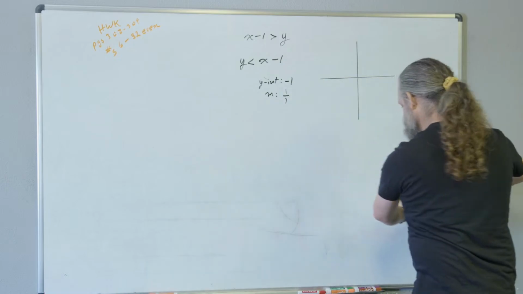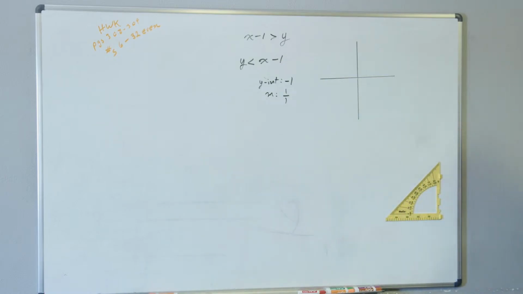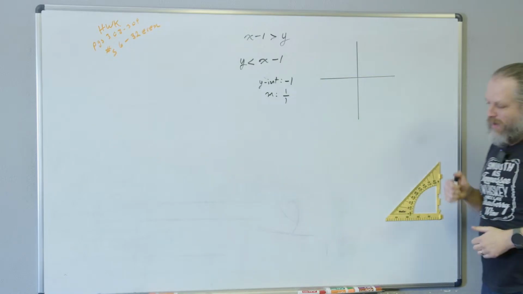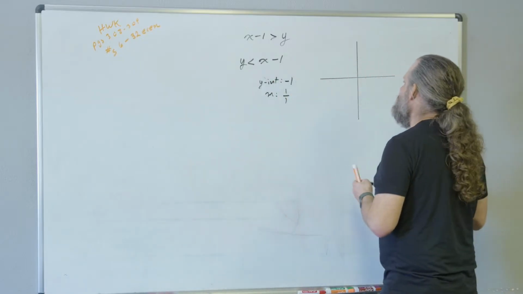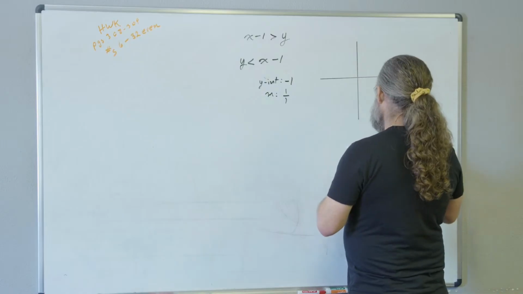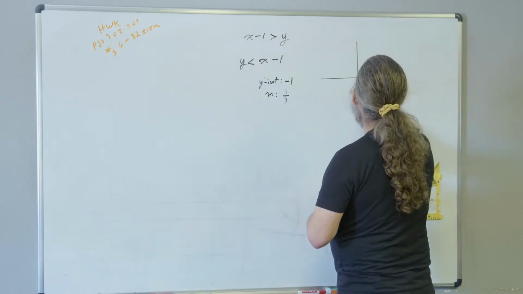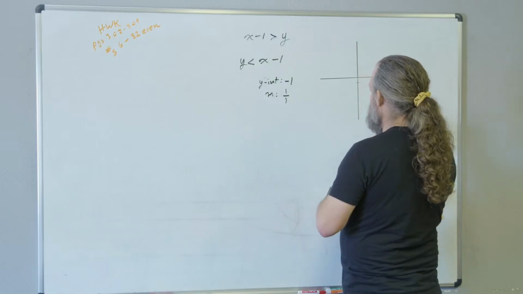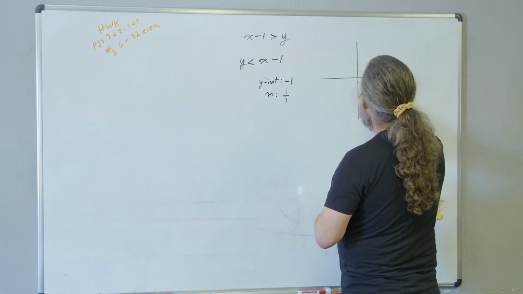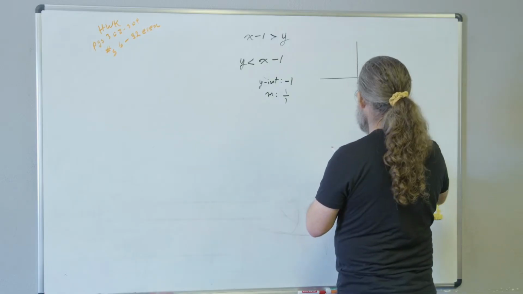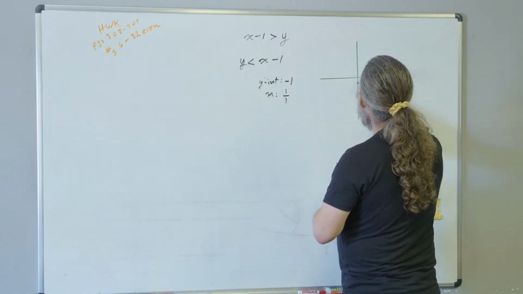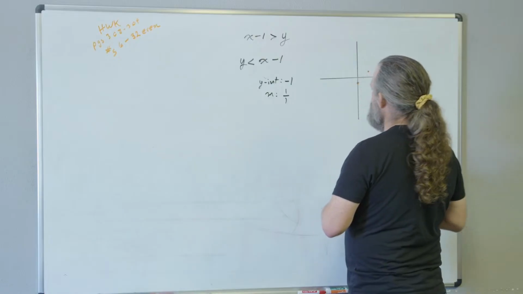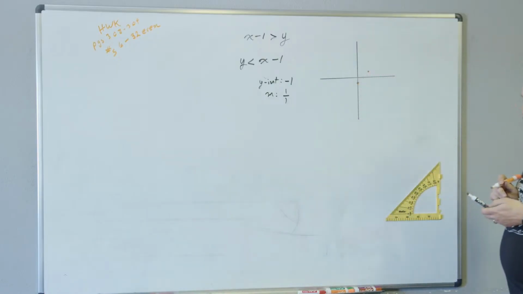All right, what now? Do the y-intercept. Where are we going to draw a dot for the y-intercept? Down 1. We'll put a dot. And then what are we going to do? Up 1 over 1. True enough. Then we're going to do one more just to make sure it's good. Up 1 over 1. Now what are we going to do?